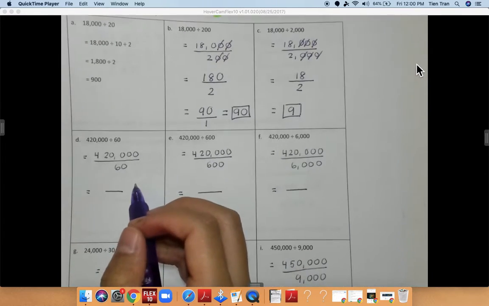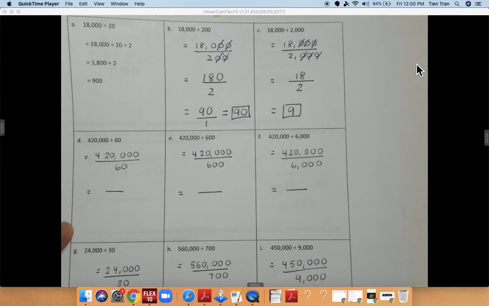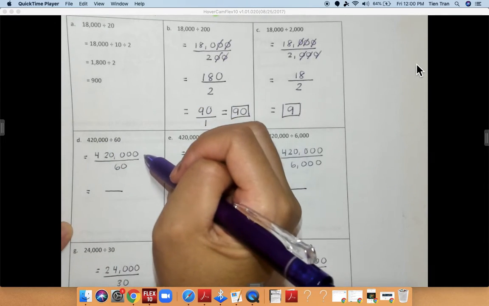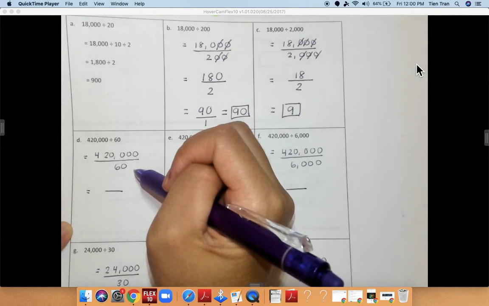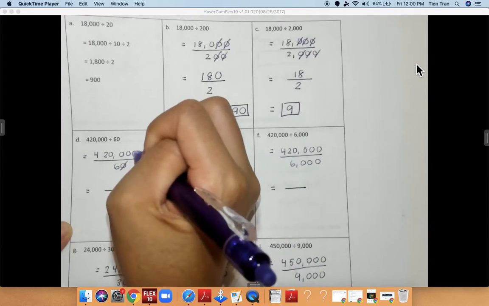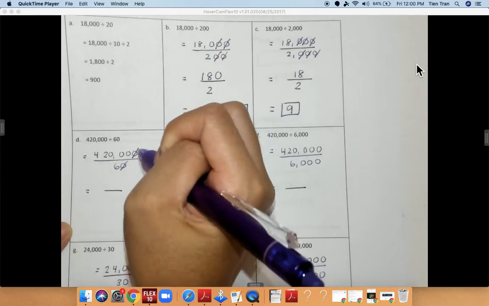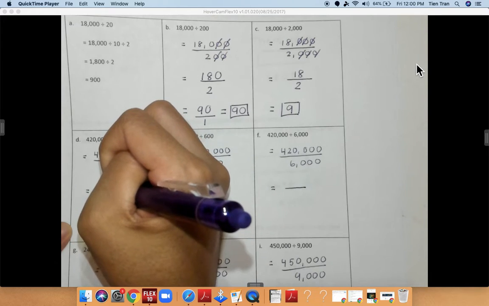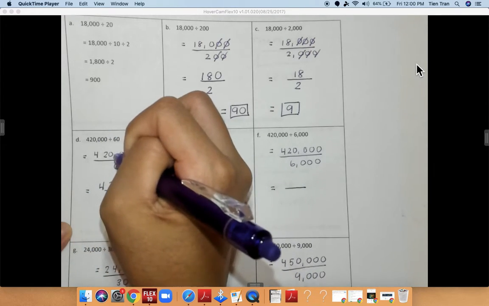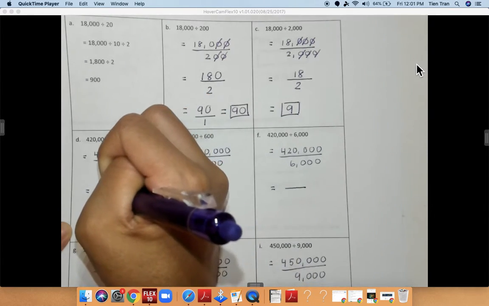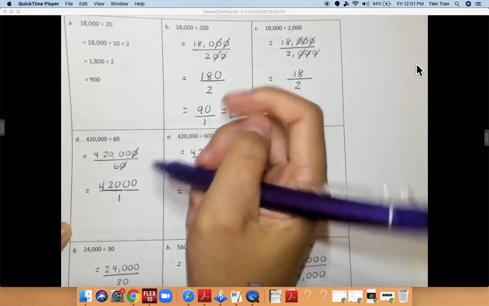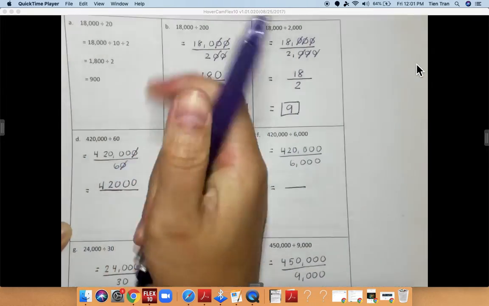For my next problem, I have 420,000 divided by 60. 420,000 goes on the top, 60 goes on the bottom. I can cross off 1 zero, because there's only 1 on the bottom and 1 at the top that I can cross off. So now I have 1, 2, 3 zeros in this number and 6 on the bottom.